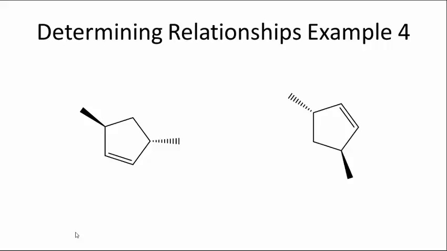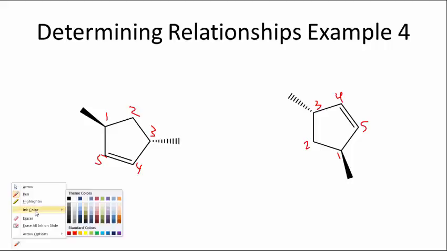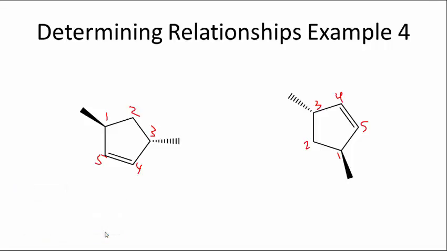I could start numbering at the one coming towards us, so this would be 1, 2, 3, 4, 5. This would be 1, 2, 3, 4, 5. All right. It's probably helpful to rotate one of them so that it looks like the other. So maybe I'll rotate the one on the left and redraw it.